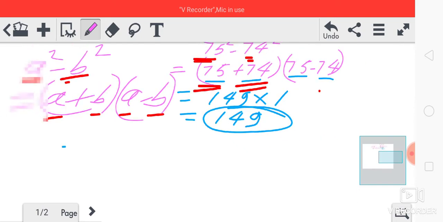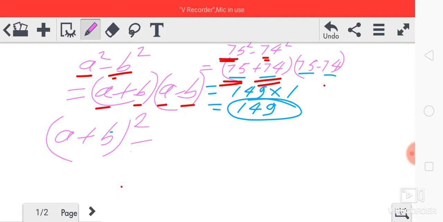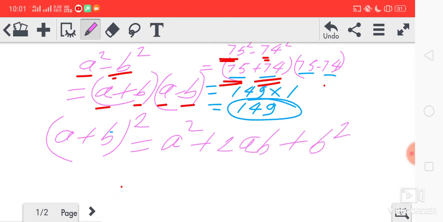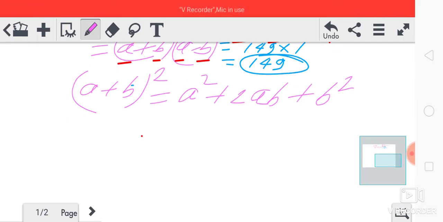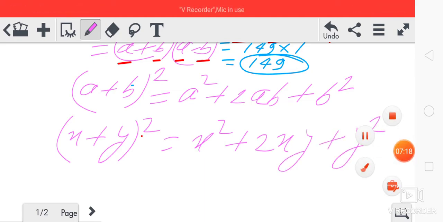If the same thing is given in the form of x, y, x plus y whole square, then you'll write x square plus 2xy plus y square. Got it?